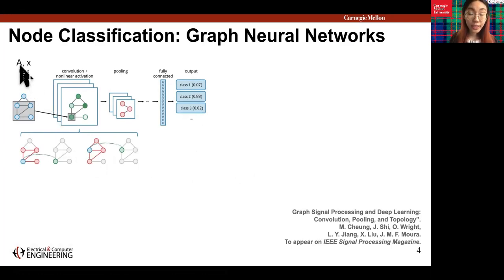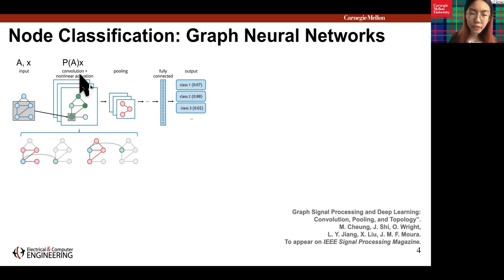One, the adjacency matrix A. And the second one is the data defined on each node X. So given these two pieces of information, we would perform graph convolution, which is just defined as P of A times X. Intuitively, what graph convolution is doing is aggregating the information from neighbors that are different hops away.